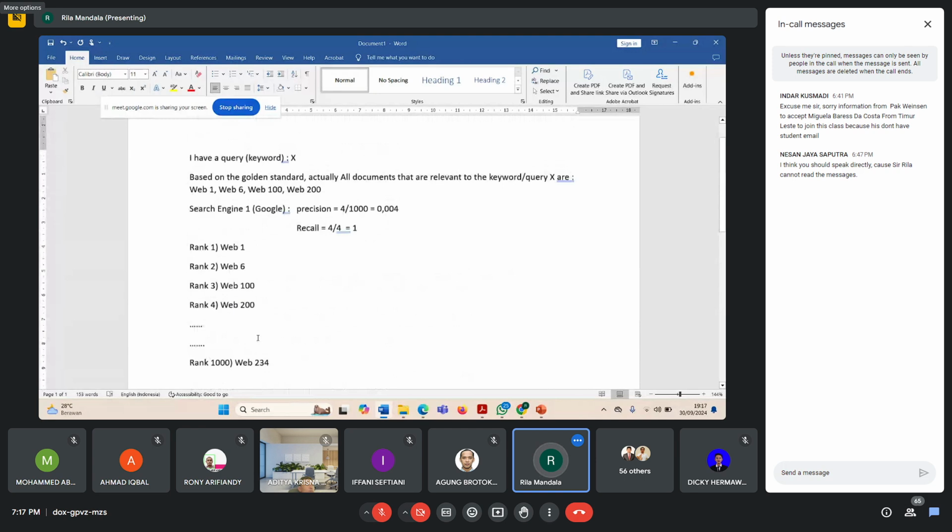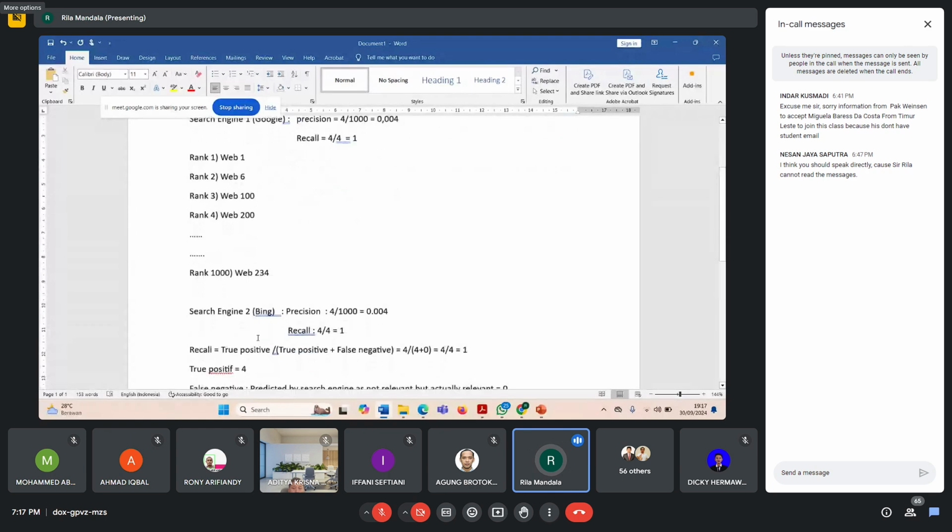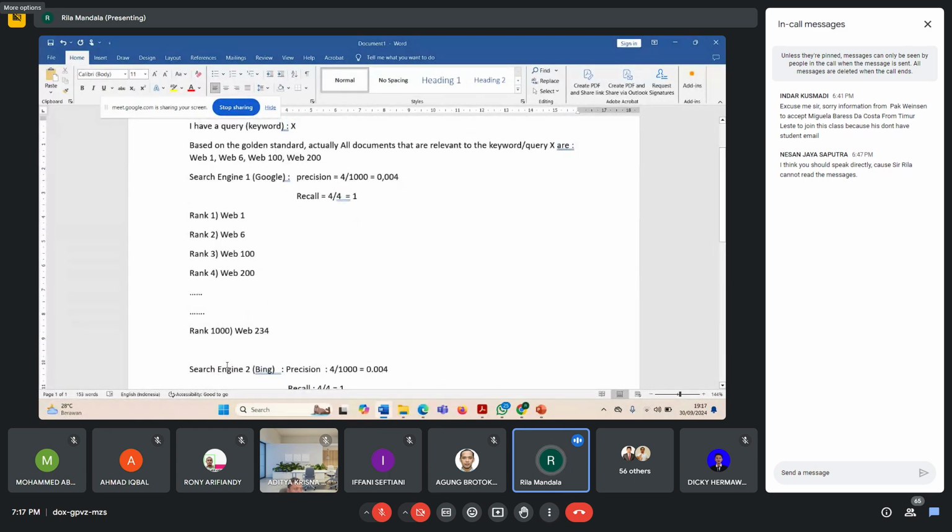So that's why in information retrieval, in search engine, we never use precision and recall. It can be applied, but don't, because you will get the wrong conclusion later. Just like here, you compare Google and Bing and compute the performance.